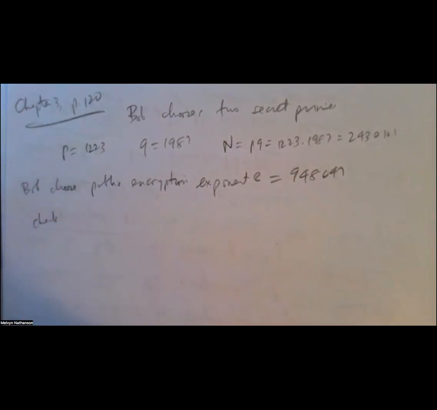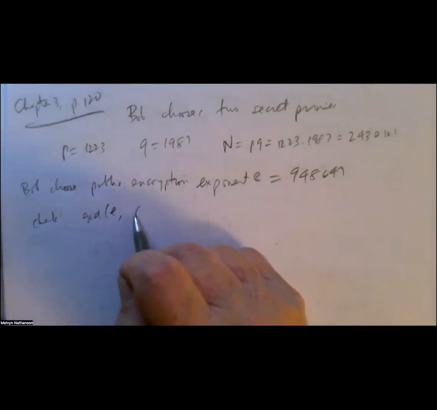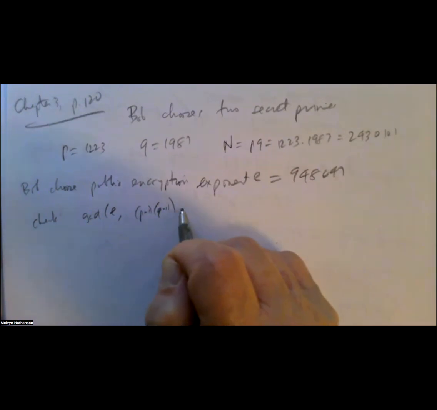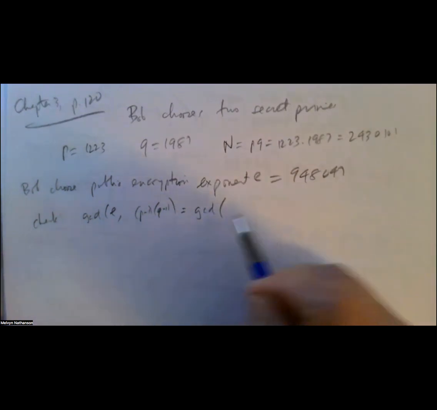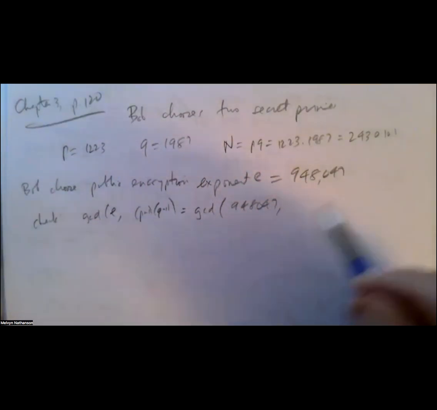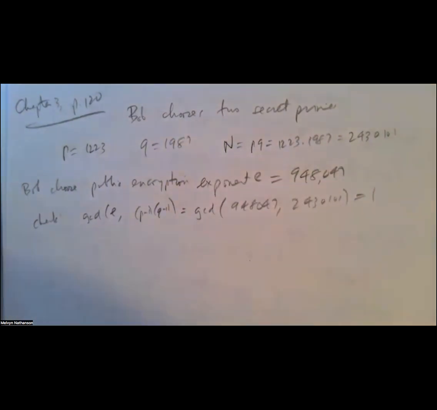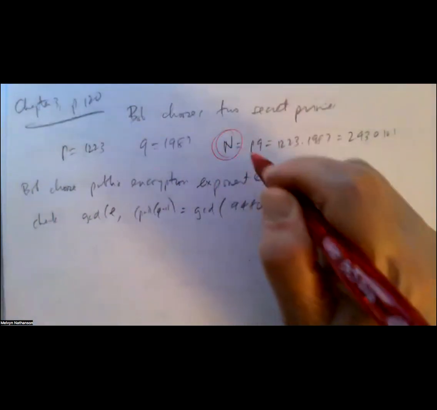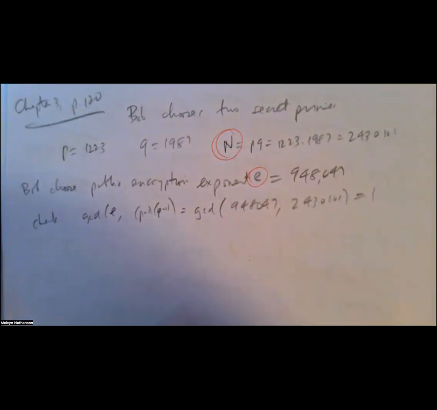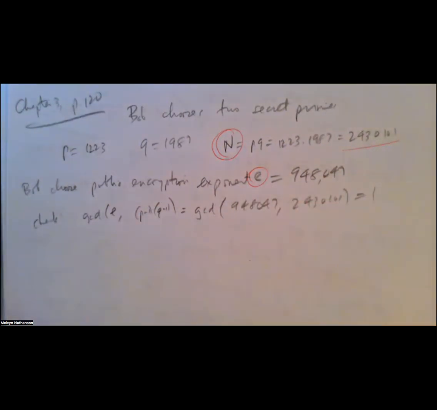You need a calculator or a computer, but you can check that the GCD of E and P minus 1, Q minus 1, which is the GCD of 948,047 and 2,430,101 is 1. These two numbers are relatively prime. And what Bob publishes to the world are the numbers N and E, 2,430,101 and 948,047.